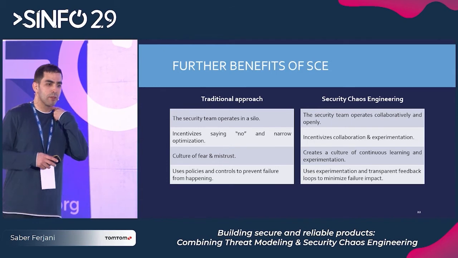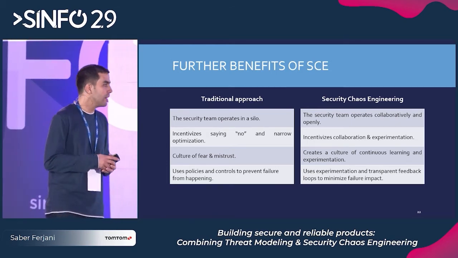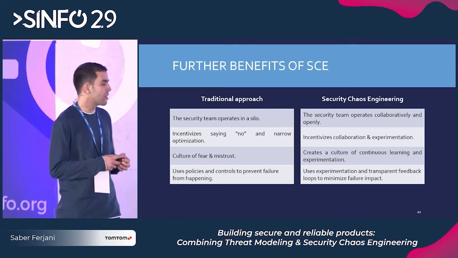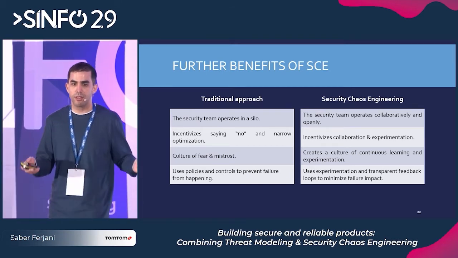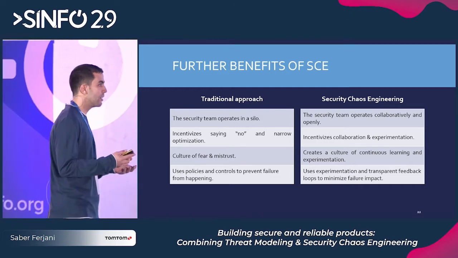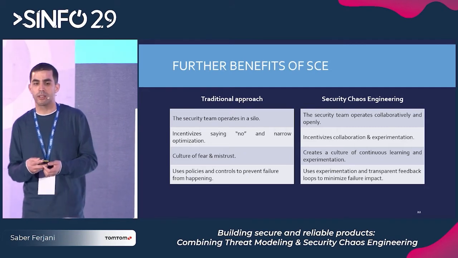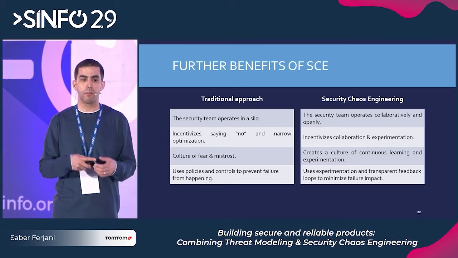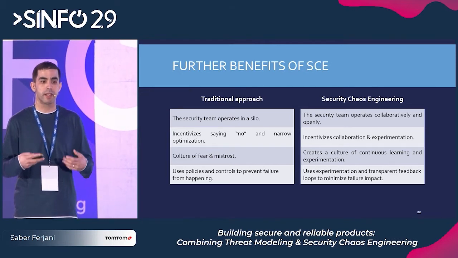Now, one of many other benefits of security chaos engineering is that in the traditional approach, the security team usually works in silo, but with security chaos engineering, you are actually forcing the security team to collaborate with the ops team and the developers to find these kinds of hypotheses and run the experiment.